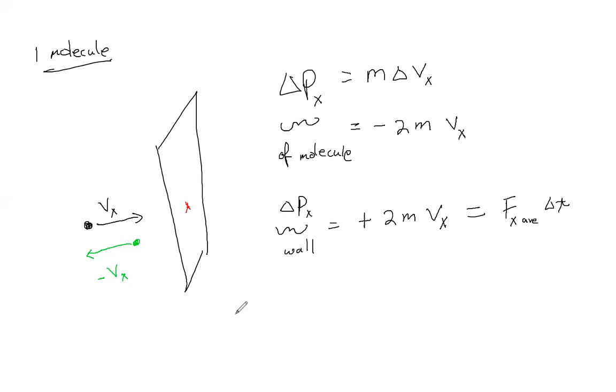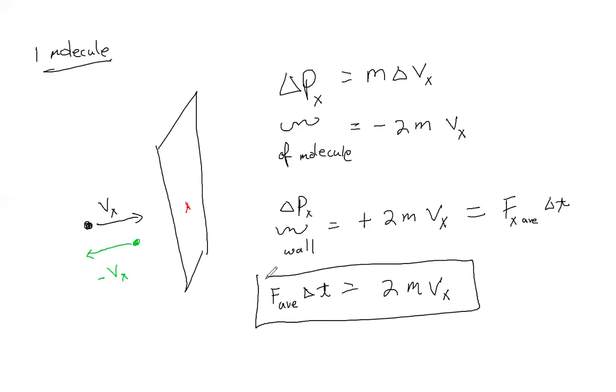All right. So, summarizing that, for the force due to one particle with one single velocity, Vx, the average force in the x direction, actually I'll just write force times delta t equals 2 times m times the velocity of that particle before the collision.